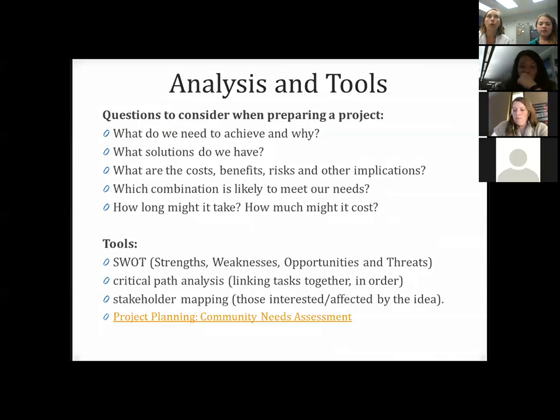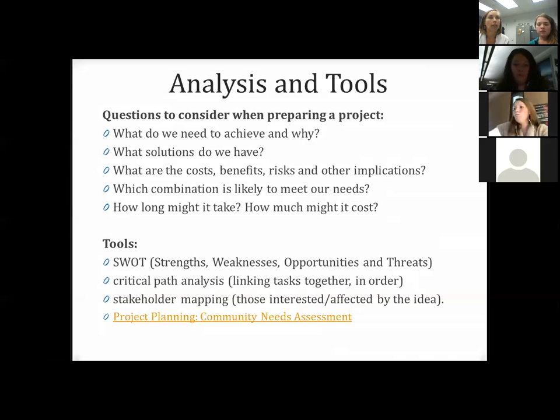So if you're planning a bone marrow match event and there is a leukemia group on campus or something related, you want to make sure you're making connections to the different people and organizations, because what happens all the time in nonprofits and in higher ed is that people just go out and do their own thing, don't take the time to do that analysis.